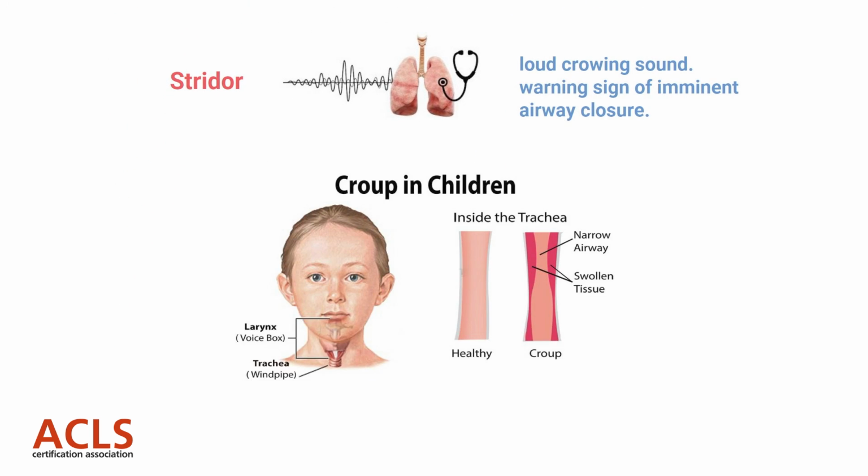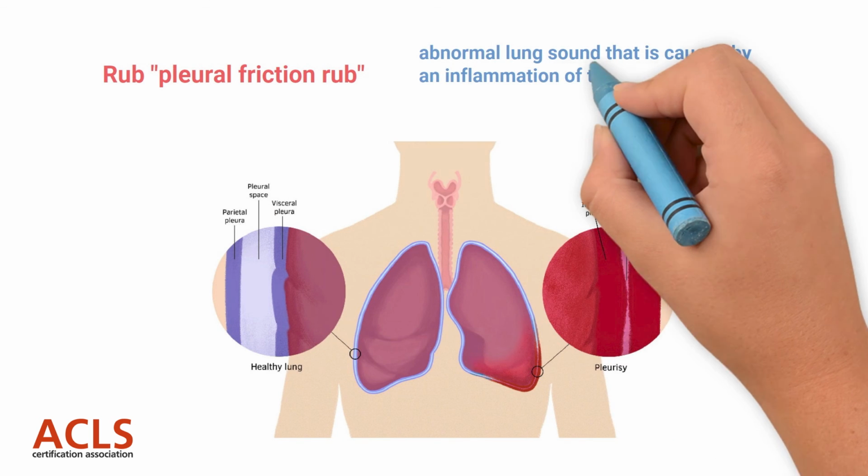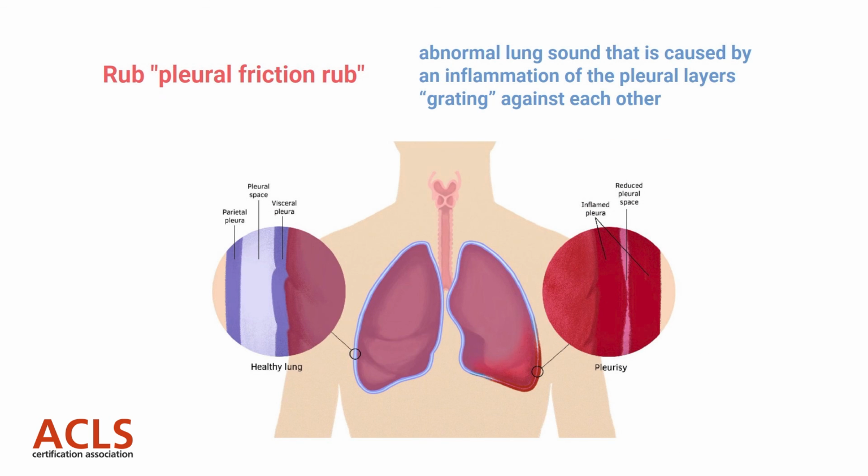You can hear stridor sometimes in kids that get croup, that croupy cough. That is stridor. Not nearly as severe as the stridor that I was referring to, but it's still an indicator that you probably want to take that child and get them some steroids, some anti-inflammatories to help open up those airways. Finally, a rub or a pleural friction rub is an indicator of an inflammatory process.